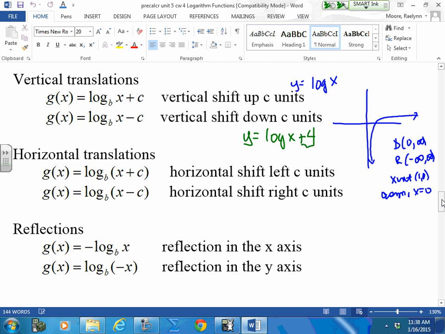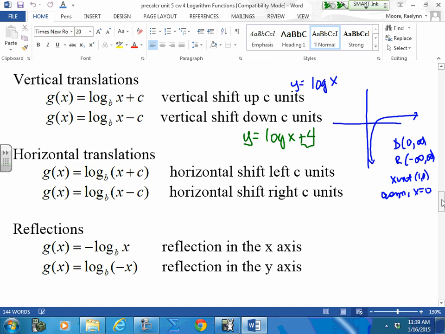So I'm taking this and I'm shifting everything up 4 units. Now before, when we did a vertical shift, it affected your range, didn't it? Because your range, you had a horizontal asymptote. The opposite happens. A vertical shift doesn't affect your range now because now it's all real numbers. A horizontal shift will affect it. It will affect your domain. It's the exact opposite of the exponential ones.